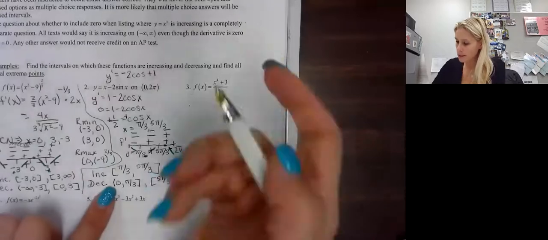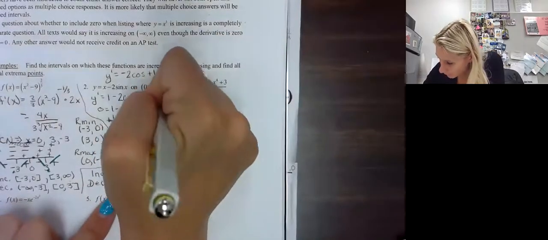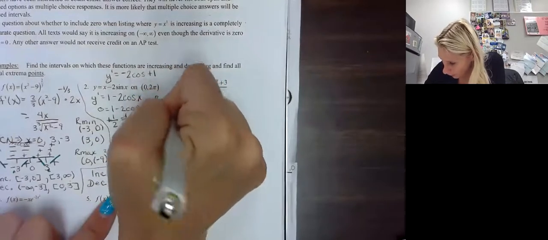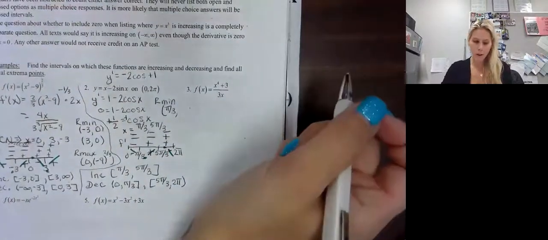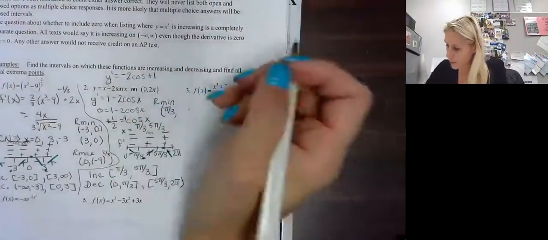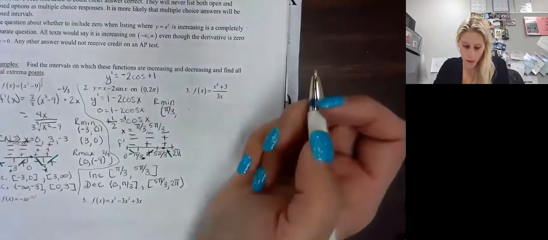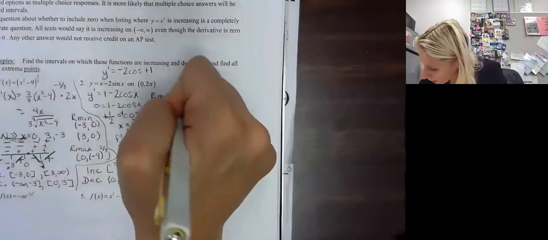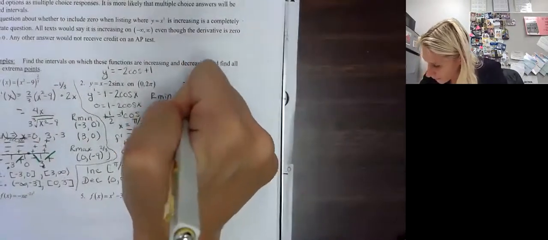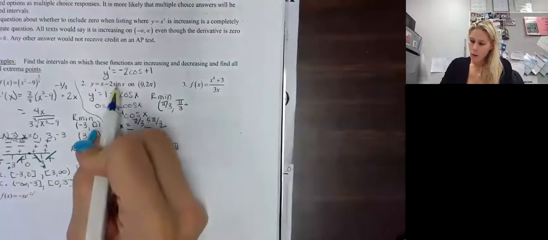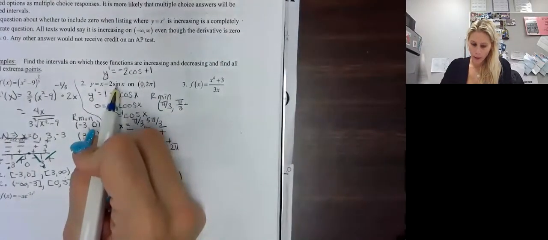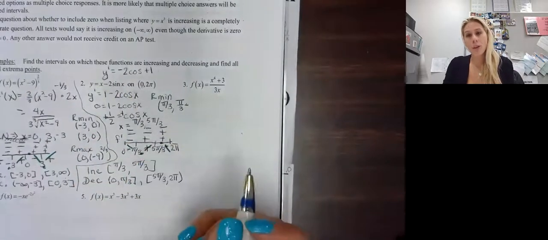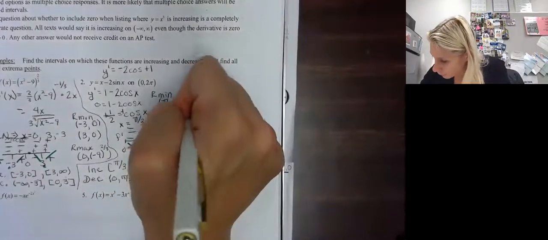Then we need to write our max and our min. So our relative min is at pi over 3, comma, and if we plug in pi over 3, the good thing is, guys, if this were no calculator, you could just plug it in as normal, but that would be pi over 3 minus, well, sine of pi over 3 is square root of 3 over 2. Square root of 3 over 2 times 2 is square root of 3.